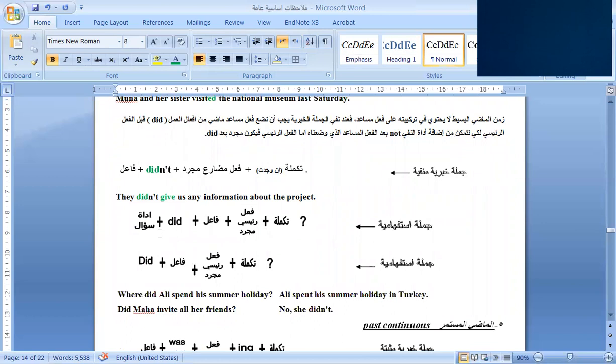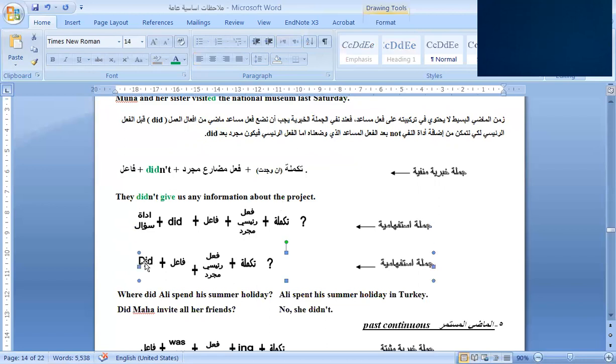Also in the question or interrogative sentences, الجمل الاستفهامية, as you can see, we have two kinds. The first one starts with question word, while the other starts with the auxiliary. Okay. عندنا نوعين من الأسئلة اللي يبدو لها السؤال وفعل مساعد. As you can see, did.